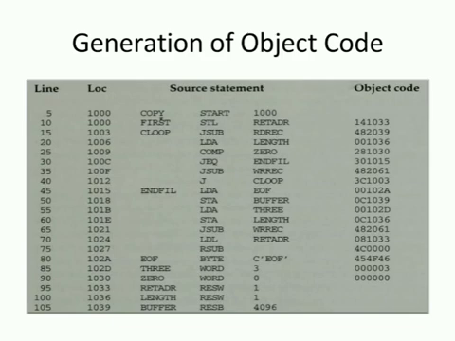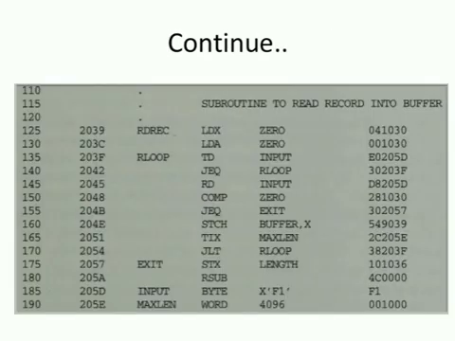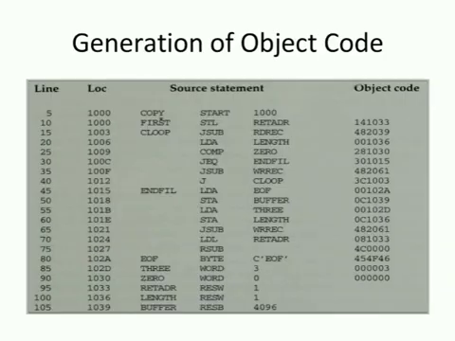So the opcode value of JSUB is nothing but 48, and the return address, or the read record RDREC, is 2039. See here 203, this is a continuation part of that program. Read record 2039 is nothing but the address of that field.